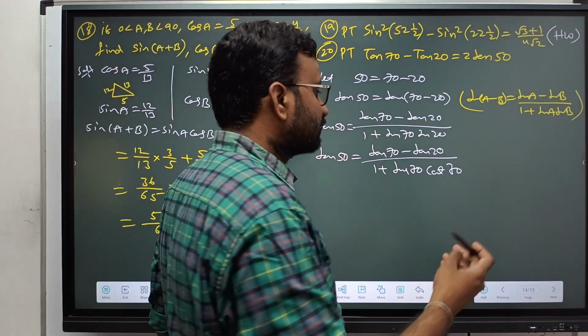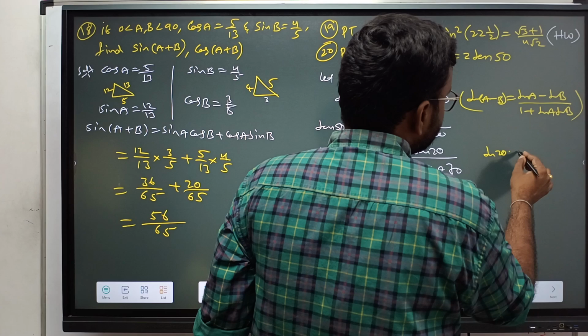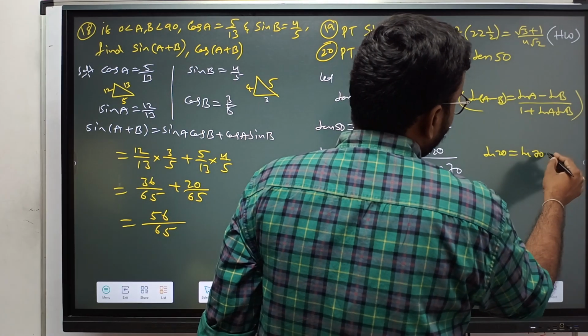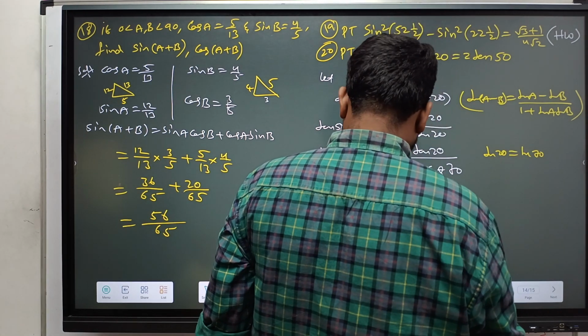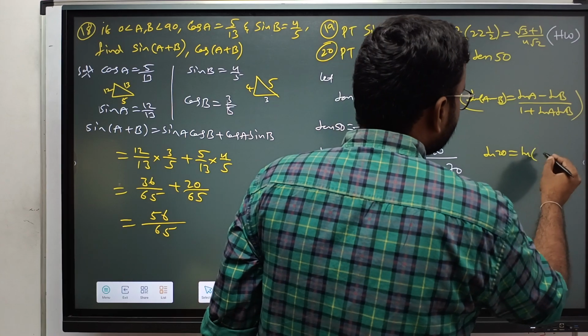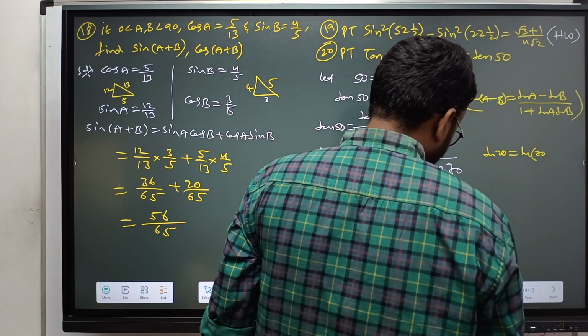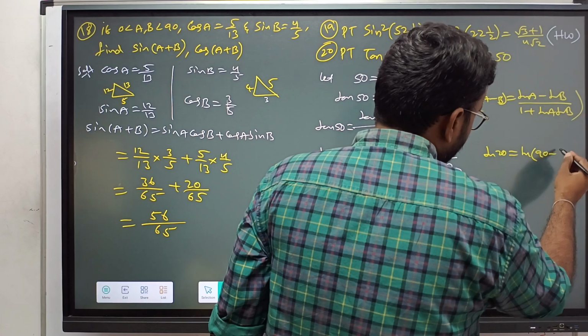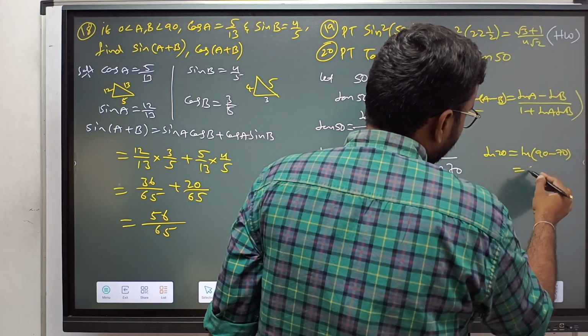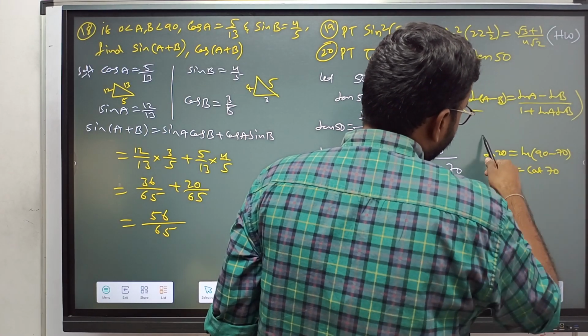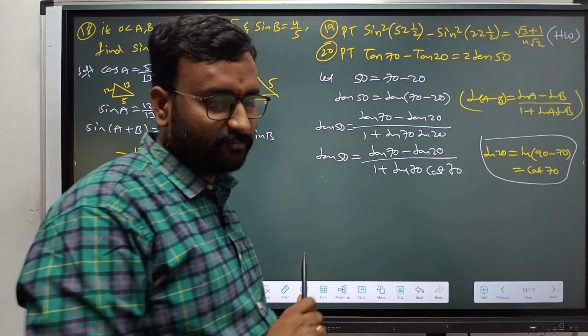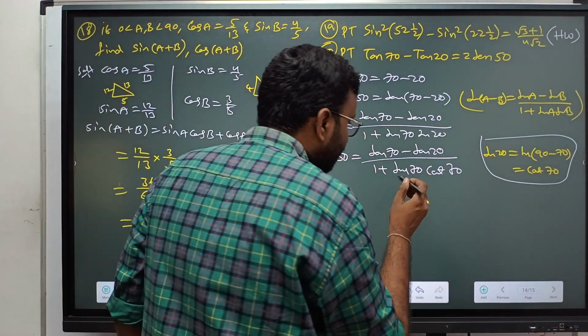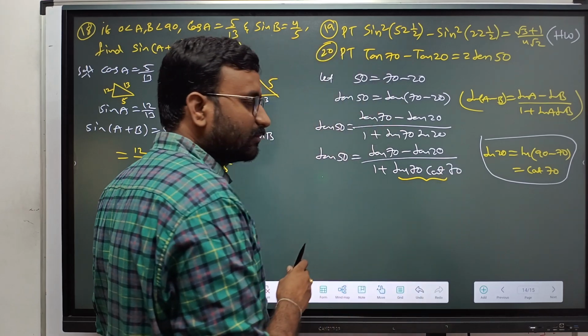How, sir? Tan 20 is equal to tan of 90 minus 70, which is cot 70. So tan 20 is equal to cot 70. Now what about tan theta into cot theta? 1.